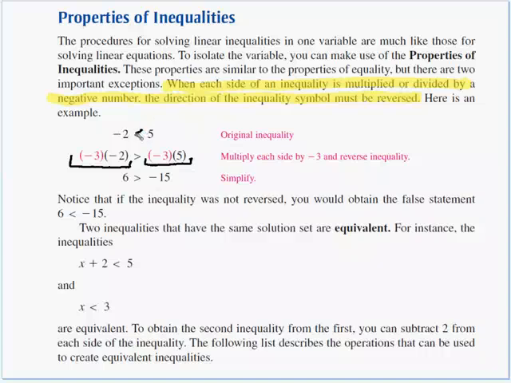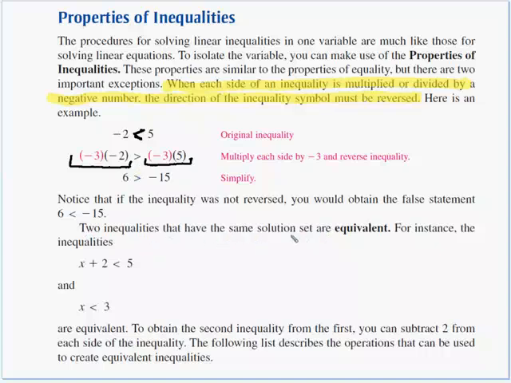When we started, the inequality was true. Negative 2 is less than 5. But if we did not reverse that, as we got down to here, it would say 6 is less than negative 15. And of course, that's not true. So when you multiply both sides by a negative, we have to reverse that inequality.